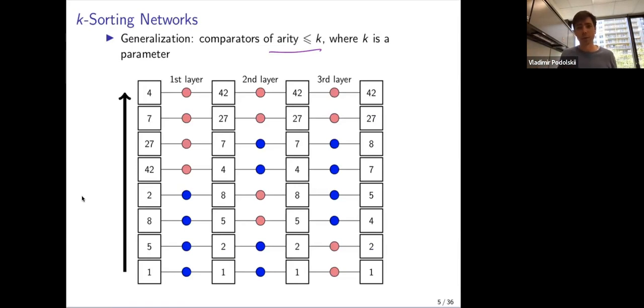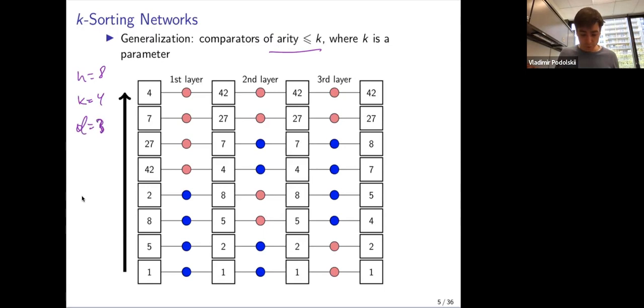If k is equal to 2, this is the original model. Now we have arbitrary k. You can see a picture here, and again comparators are organized in layers. Each comparator has its own color now. Here n is equal to 8, k is equal to 4, and the depth is 3, the number of layers is 3.